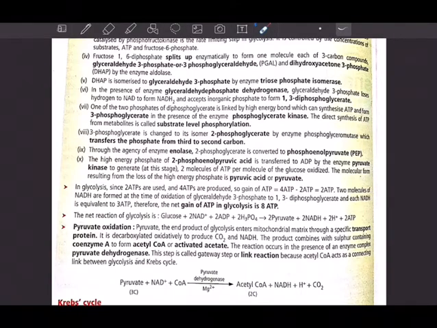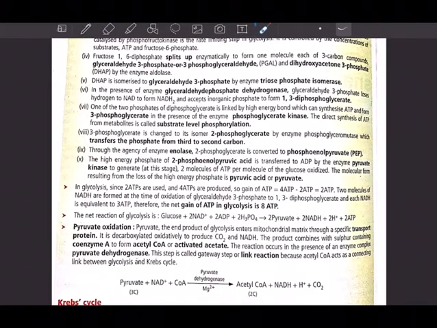Therefore, the net gain of ATP in glycolysis is 2 NADH times 3 ATP, so 2 times 3 is 6 ATP, plus 2 ATP produced. 6 plus 2 is 8. So the net gain of ATP in glycolysis is 8 ATP. You must remember this.